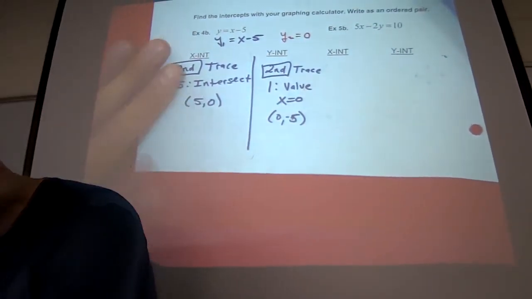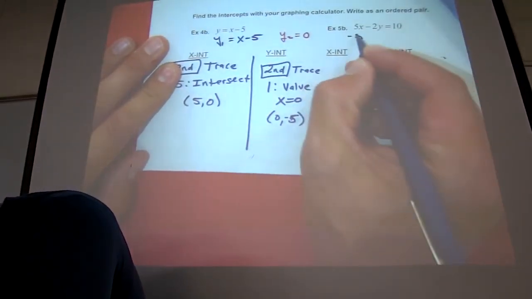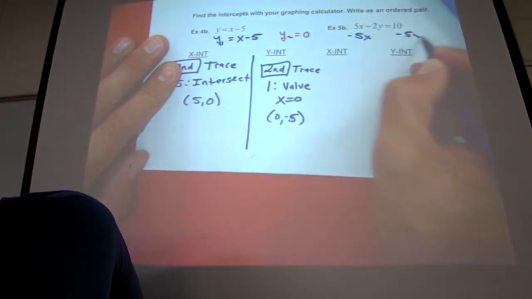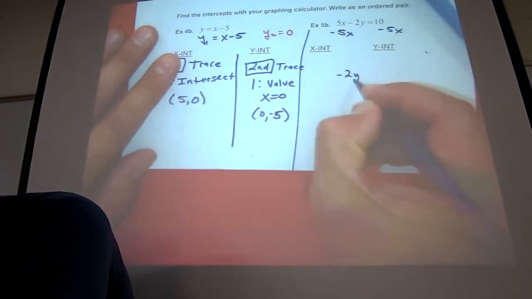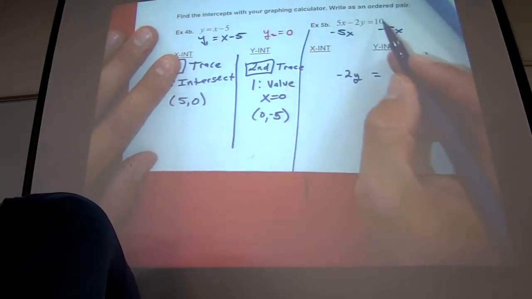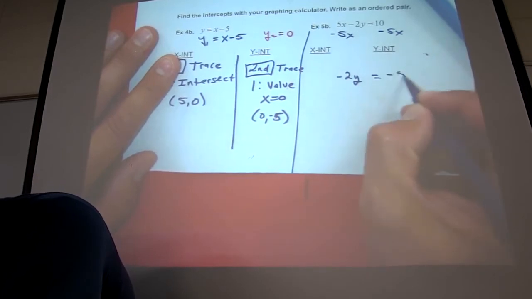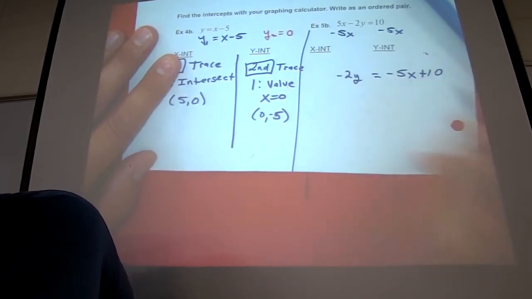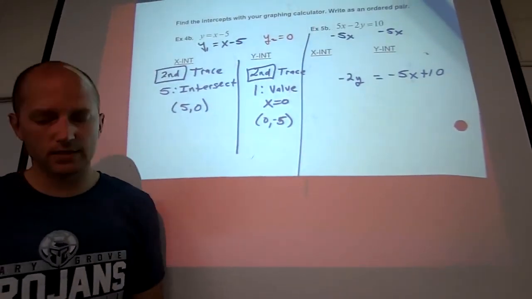Very good. So to do that, I need to move this x over. So I'm going to subtract 5x over. Okay. So now I have -2y equals, and you can write this as either 10 minus 5x. I prefer -5x plus 10. The one thing I can't do is combine those because those are unlike terms. One has an x and one doesn't.